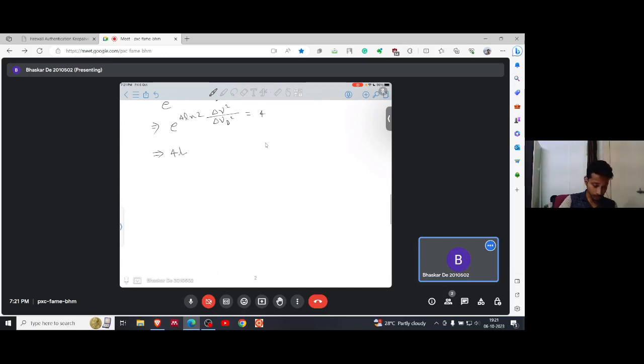So 4 ln2 (delta nu by delta nu d) whole square equal to ln4, equal to 1.386.